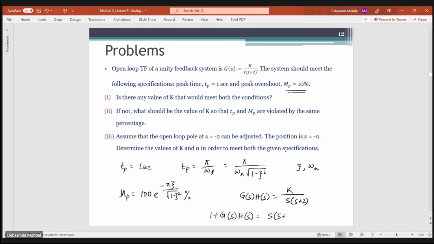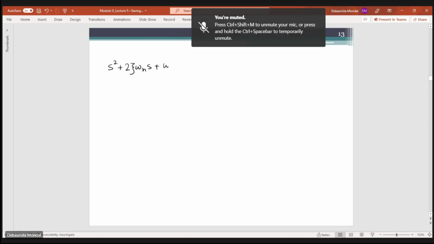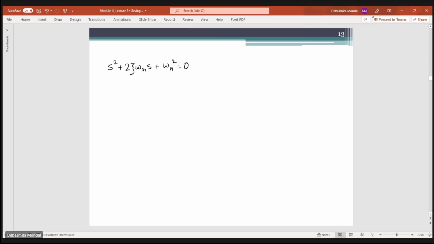That means s into s plus 2 plus k equals 0. And this is the general expression for the characteristic equation of a second order system.